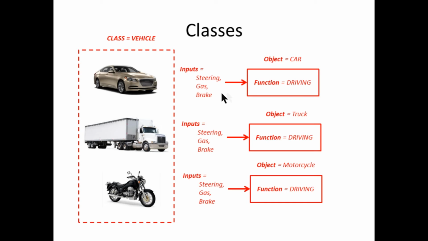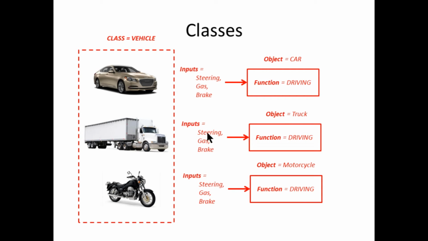And one other reason why is you'll start to realize that the function of driving is done not only by a car, but in the real world, other objects do the same thing. For example, we have a truck here, which is an 18-wheeler truck. It does exactly the same function. It does driving. It's a different object, but it does the same thing, driving.